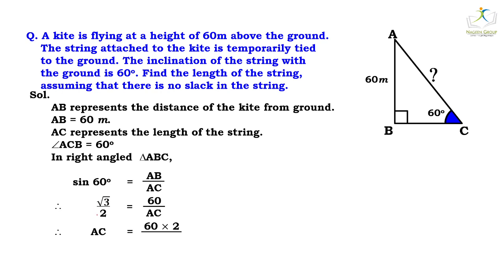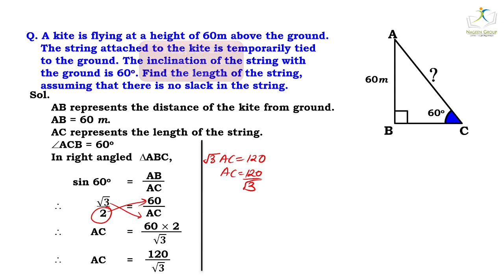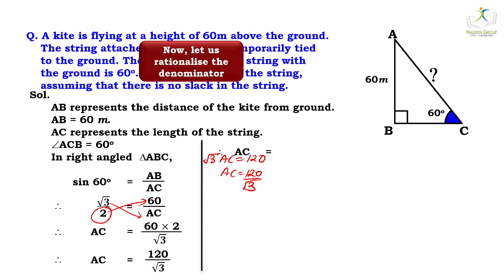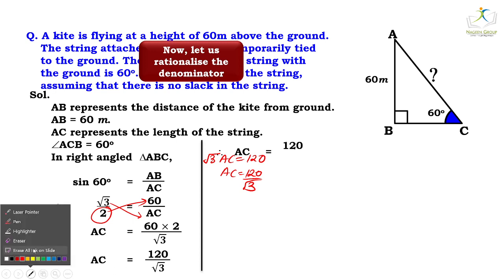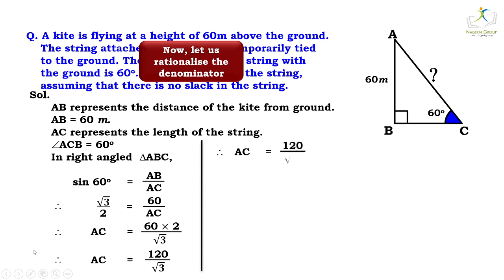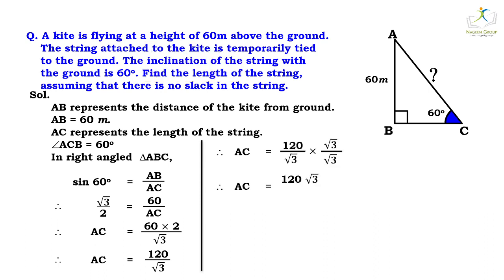We take the 2 to that side and root 3 downside, right? You can write this also: root 3 AC is equal to 120, 60 into 2. What will be the value of AC? 120 divided by root 3, right? So it is here 120 by root 3. Now let us rationalize the denominator. What do we do? We rationalize the denominator, right? So here multiply by root 3: 120 root 3 divided by 3, cancel out, 40.